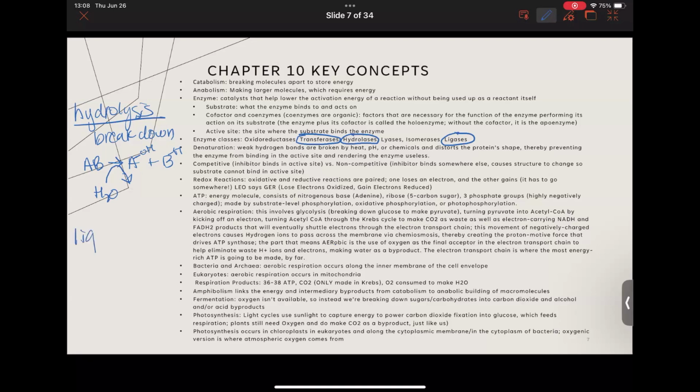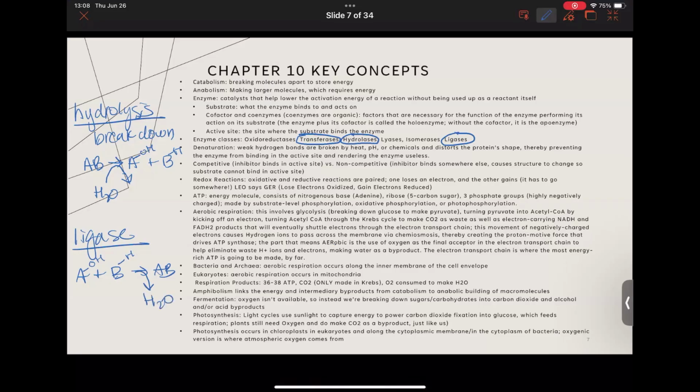Then the ligase, we already learned about DNA ligase, right? We know ligase. What does it mean? It means to bring it together. And so in order to go from A plus B and turn it into AB, guess what's going to happen? The A that had the OH and the B that had the H, to become AB, they're going to give off water.